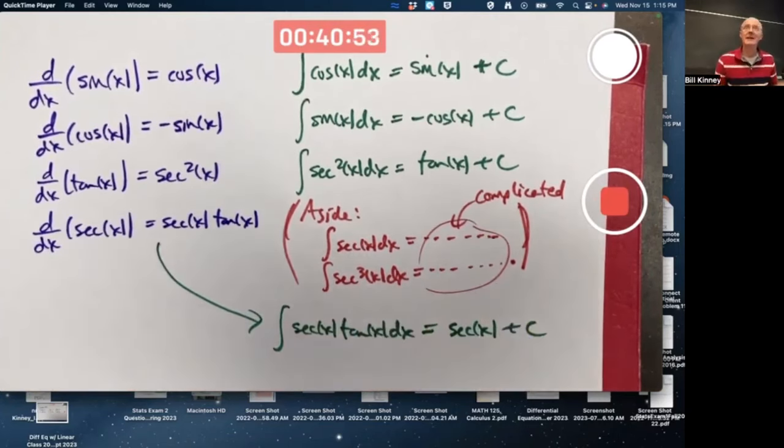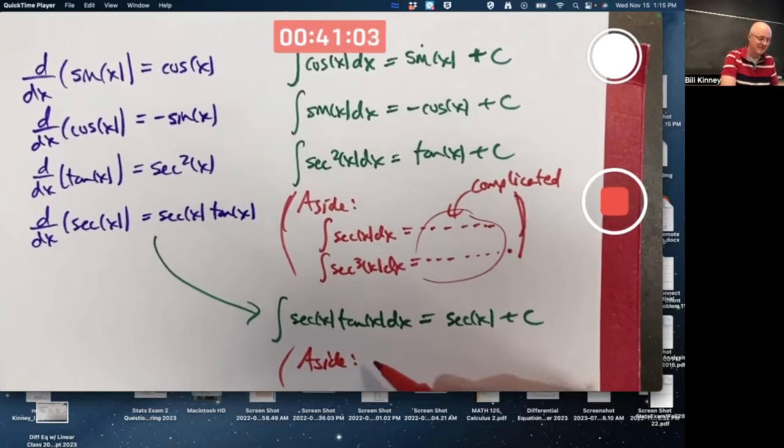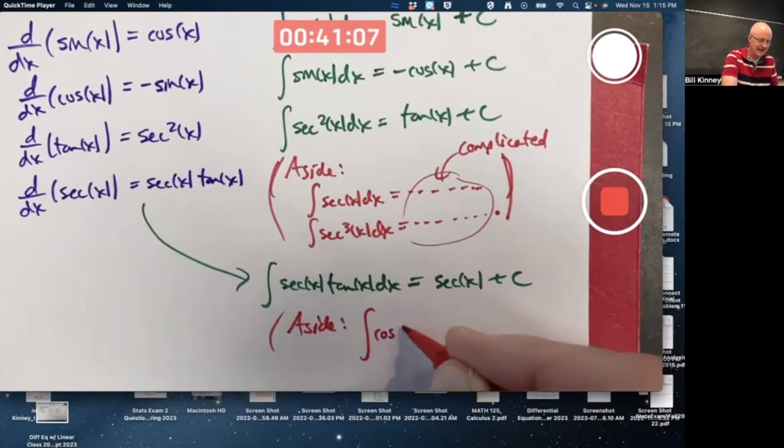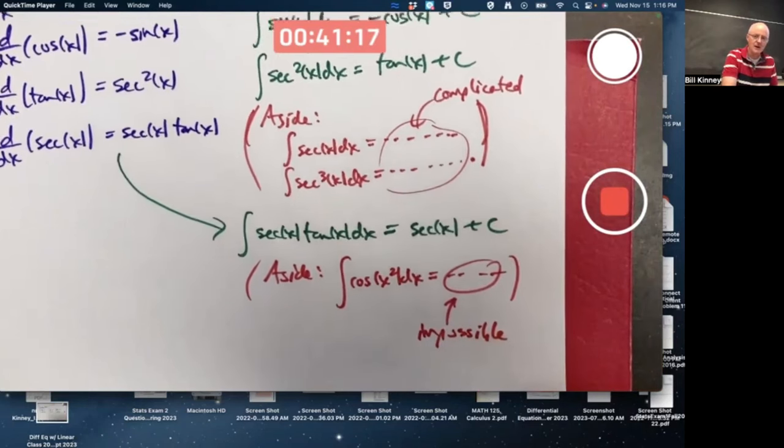Oh, here's another aside that will be very relevant for us the last couple weeks of class. Integrals like this, say the integral of cos squared x, it's more than just complicated, it's impossible. And you can actually prove it's impossible.